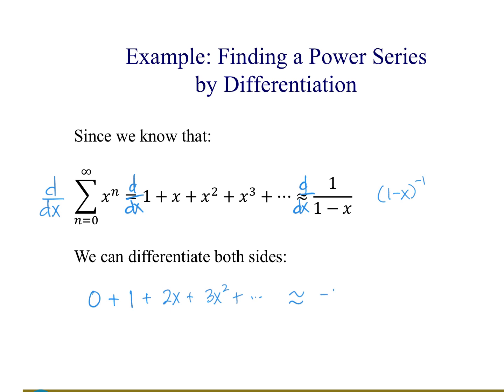So that would be pull the -1 to the front. 1 minus x goes to the -2. The chain rule adds on a -1 to it. So overall, we are left with 1 over 1 minus x squared. And those two things will be equal as well.